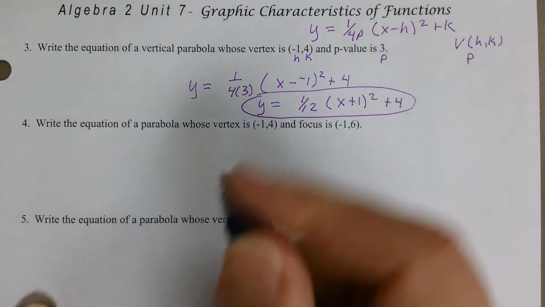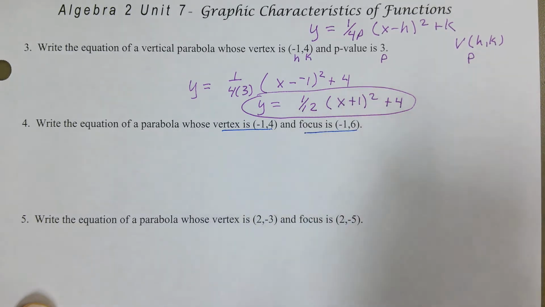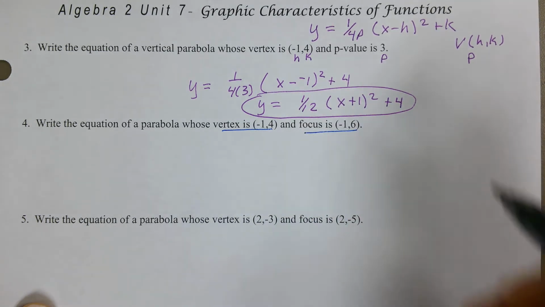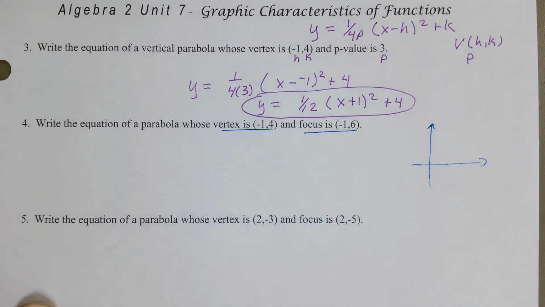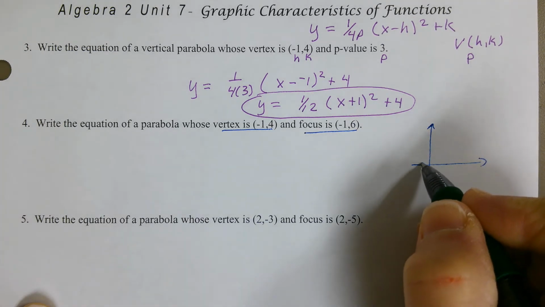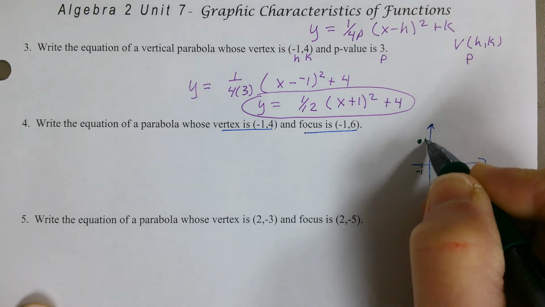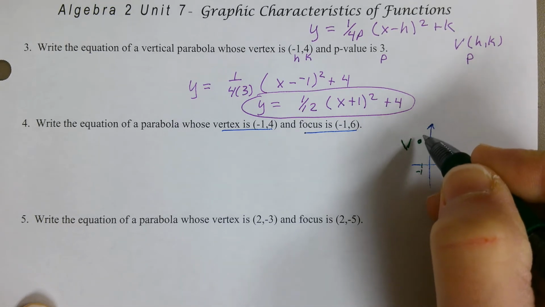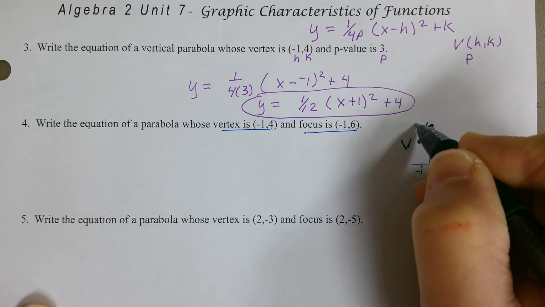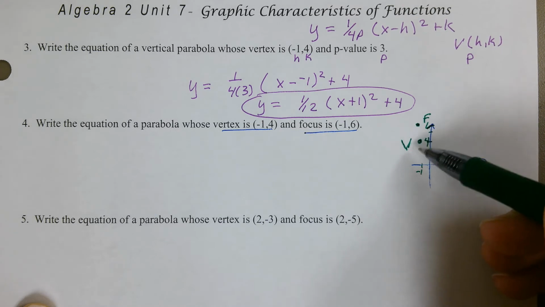Write the equation of a parabola with a vertex of -1, 4 and a focus of -1, 6. In this situation, I always need to draw a quick sketch or diagram. The vertex is -1, 4, and the focus -1, 6. Let's label that V for vertex. What's the distance between the vertex and the focus?